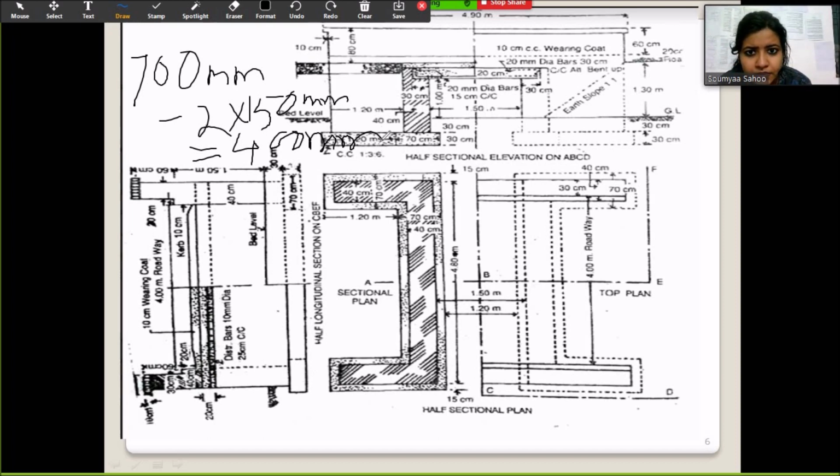Here, see, it is the cement concrete bed, and over here we are having the abutment being constructed. And below ground level you have a depth of 300 mm plus 300 mm equals to 600 mm depth of foundation.